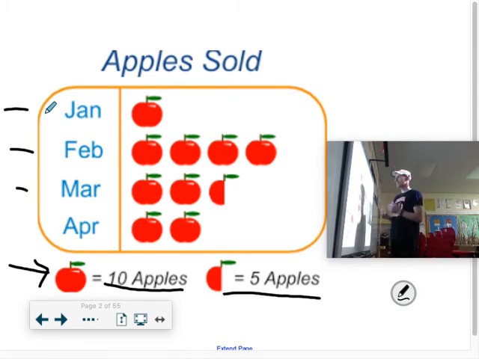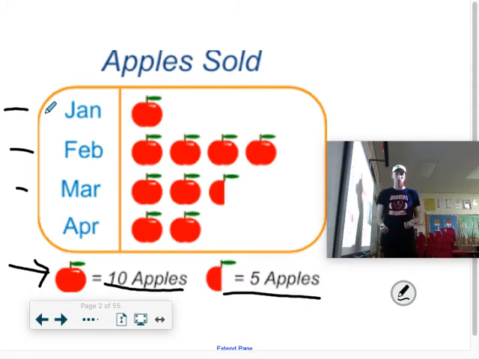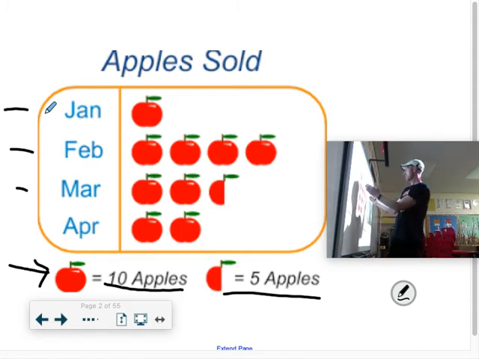All right, so if we look at our graph right now, we can get some quick bits of information. Right away, without having to think hardly at all, we can take a look at which month had the most apples sold. February, because it's got the 4 apples there and everything else has less. But remember, those 4 apples aren't 4. Those 4 apples are actually worth 40.